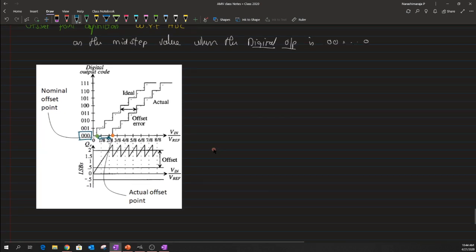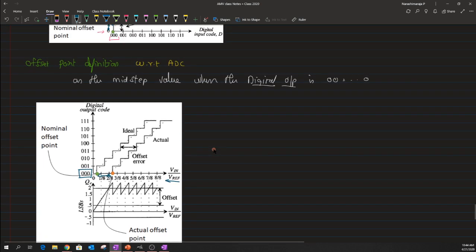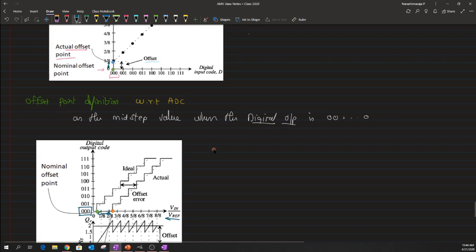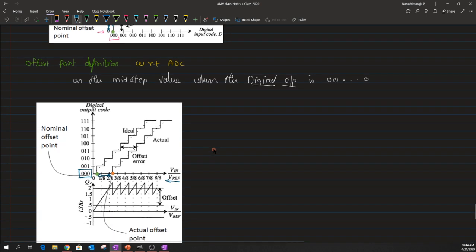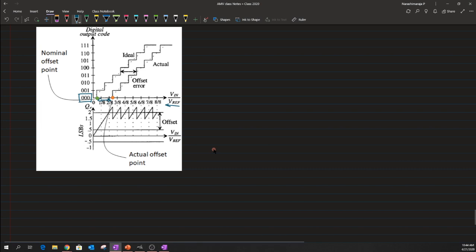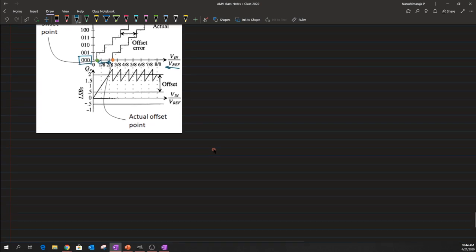Even here we are referring to an offset error which has been mapped onto this analog input value. So please remember that whenever we refer to an error, we always try to refer in terms of an analog value, but not as digital data errors. So that is something that we always have to keep in mind whenever we try to read the errors out of these data converters' transfer characteristic graphs.